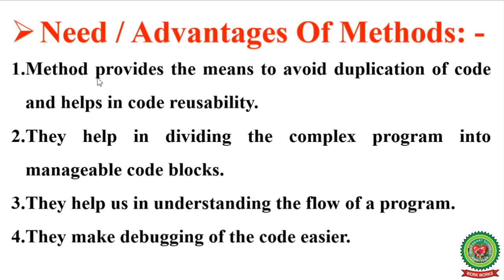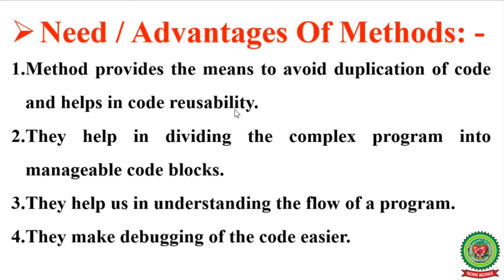Number 1, methods provide the means to avoid duplication of code and help in code reusability. Reusability means we can use the same code again and again in a program. For example, if I want to calculate the sum of two numbers, I have to write sum is equal to a plus b.